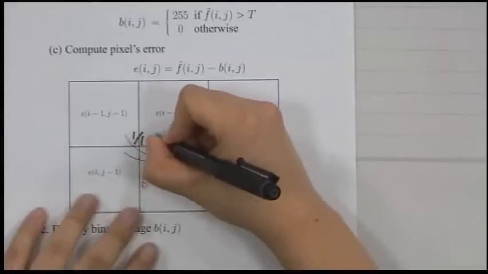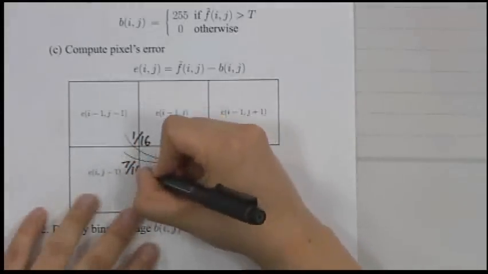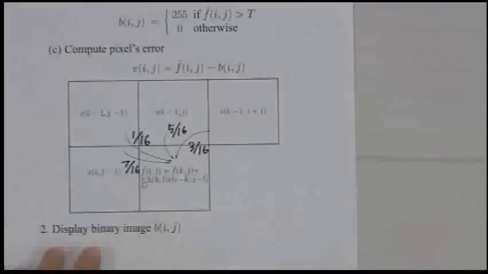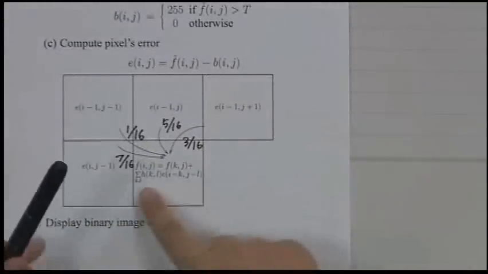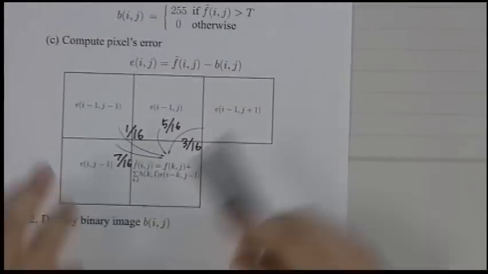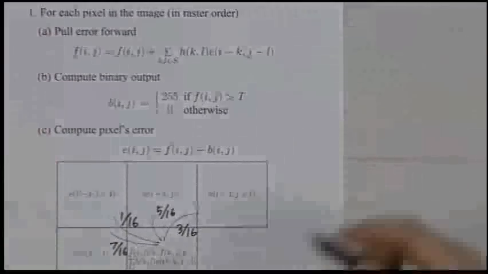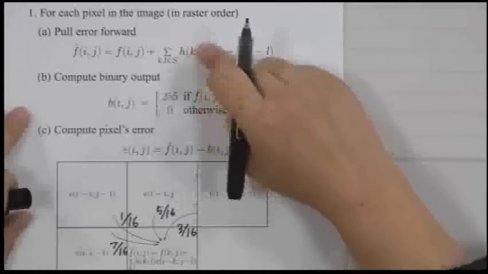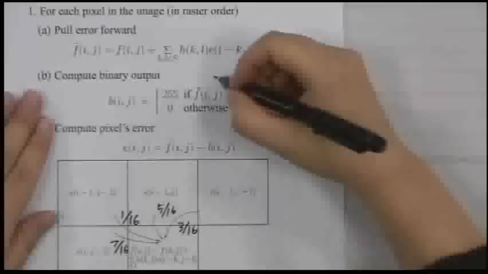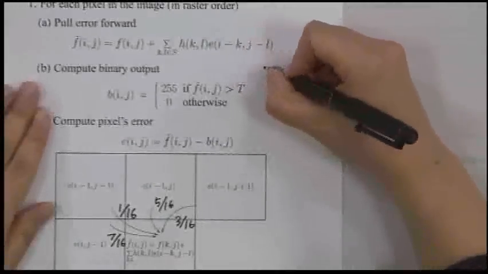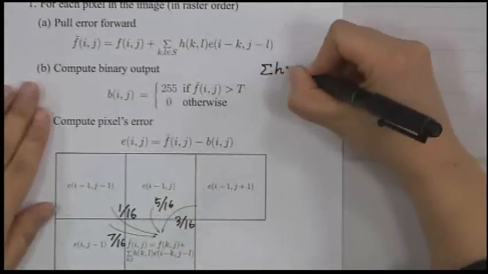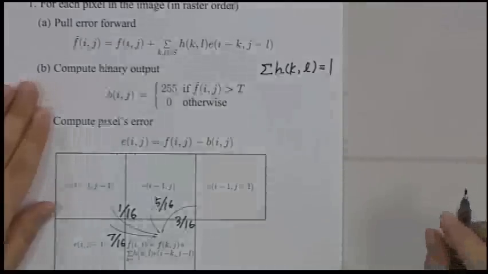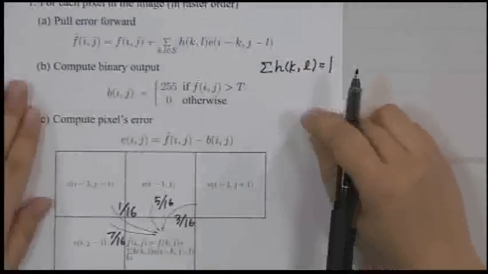So here is the corresponding number, and again the sum equals 1. And then, okay, so these numbers correspond to this value. And I have a question for you. Okay, Professor Bouman's favorite question.